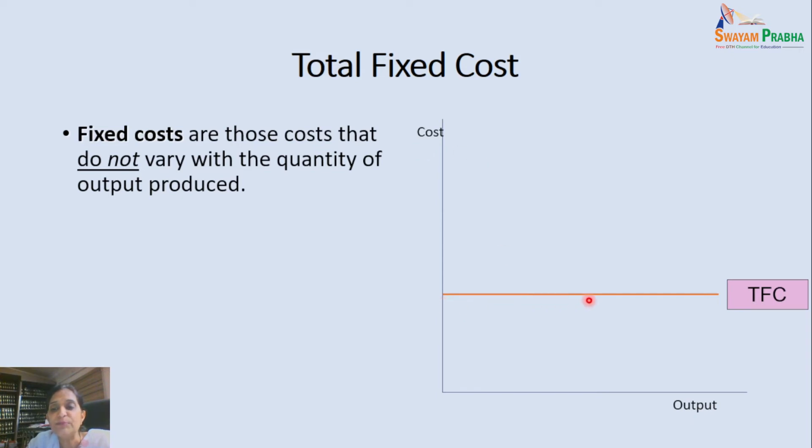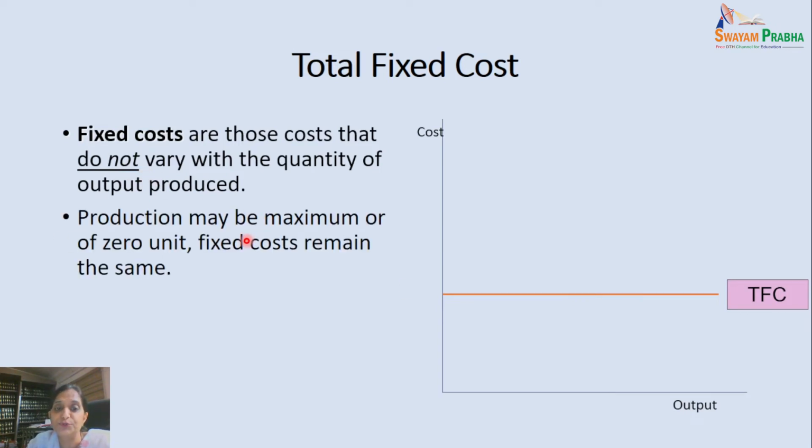What is the shape of this TFC, total fixed cost? It is horizontal. It is parallel to the output axis, showing that even if your output is zero, you are still incurring some cost. And as your output is increasing, there is no change in your total fixed cost. That is, your total fixed cost remains the same. It is not varying with the quantity of output.